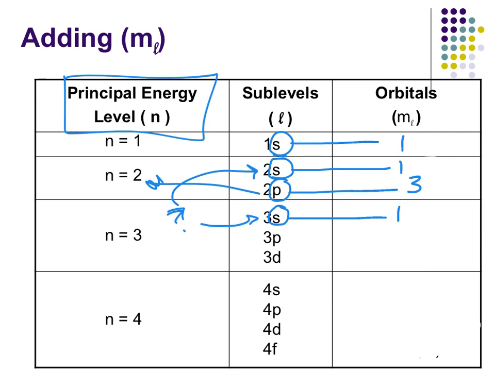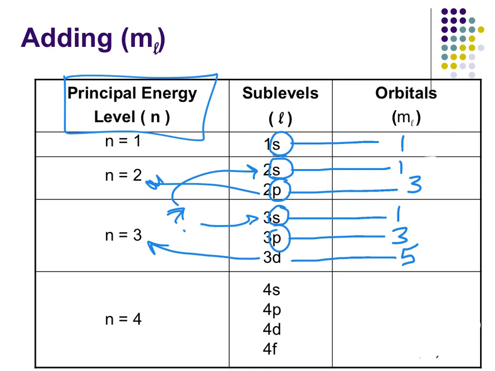So now we are just another row away from the nucleus, but the s is still a single sphere. How many orbitals would there be for 3p? 3. Not because of the 3, but because of the p. How many orbitals would be in 3d? D comes as a set of 5. The 3 again represents the distance.